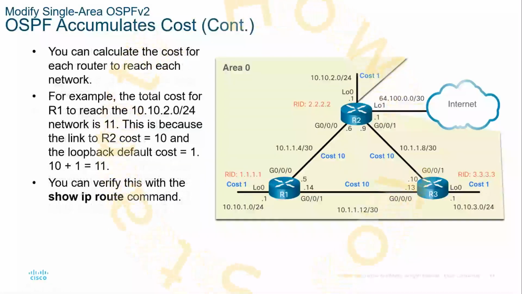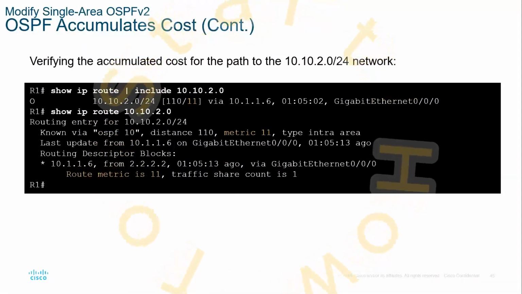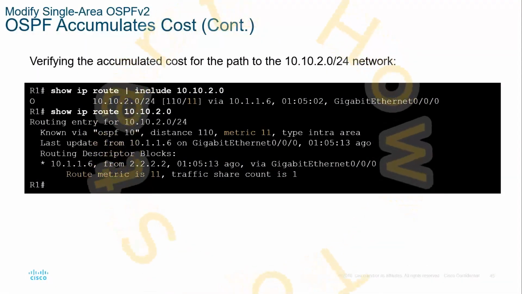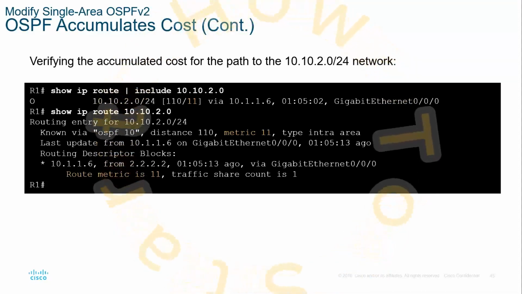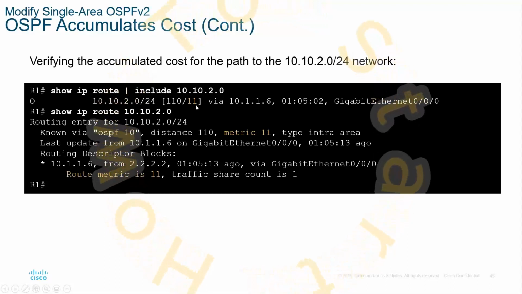But that's assuming these were 10 gig links and the costs were adjusted. So how do we see that as a number? Here we have 1 plus 10, so that cost total is 11. This cost would be 1 plus 10 plus 10 to the internet, so this would be 21. To verify the accumulated cost for a path, you can look at the IP route and see the cost or the metric used.